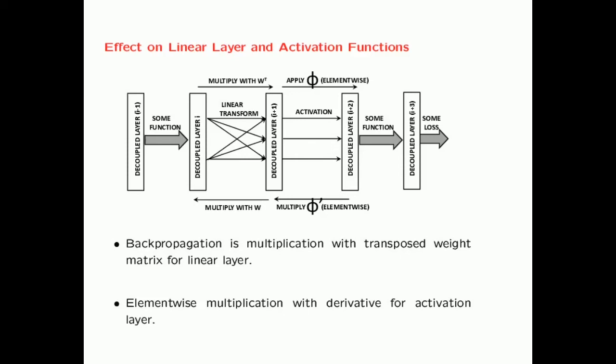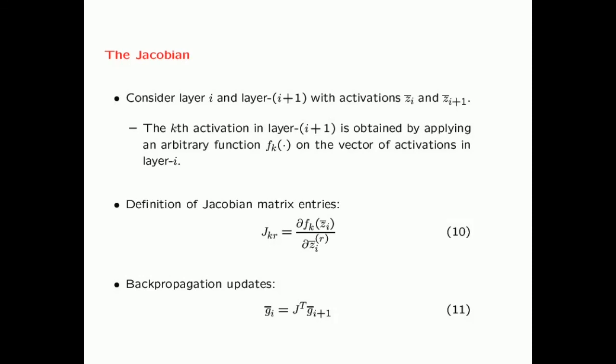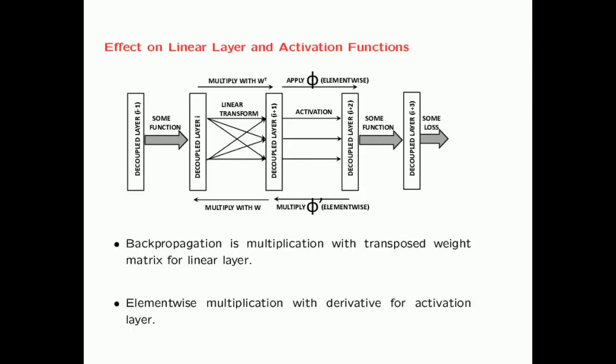If you applied the chain rule to vector operations for G_i and G_{i+1}, you would essentially get the Jacobian, so you would get exactly equation 11. That would just be a simpler way to derive the same result which we derived from our scalar operations.